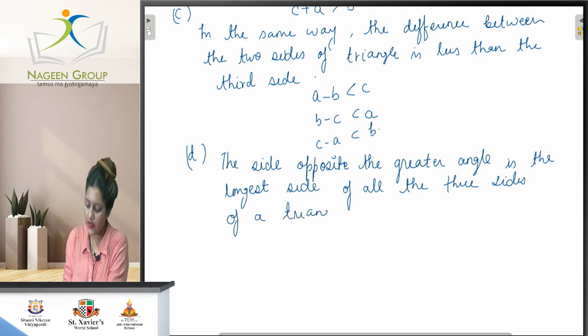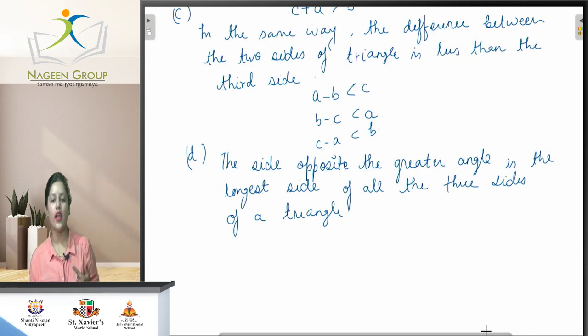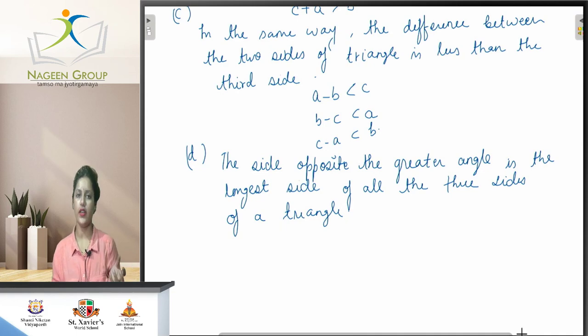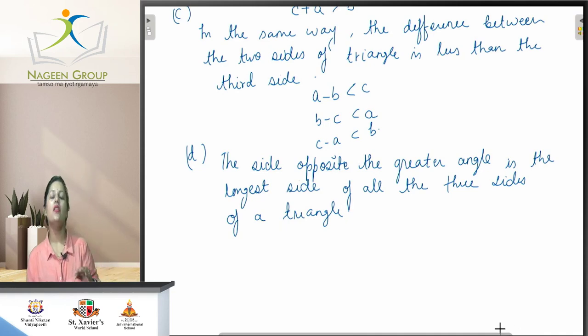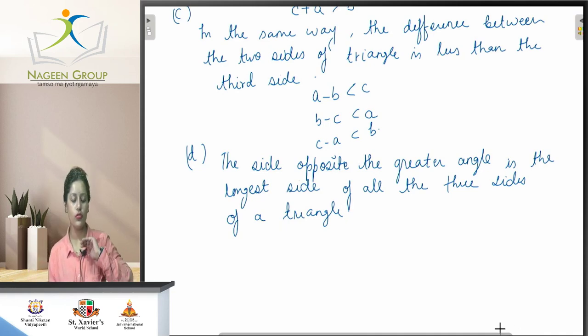Means if the triangle has a high angle, then in the same way the side opposite to it is also the longest. Means the greater the angle, the longer the side opposite to it.